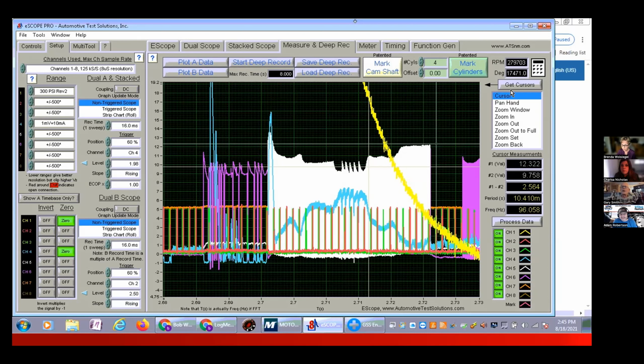I want you guys to look at the screen and understand that what we're looking at is a portion of a three-phase waveform here that controls a fuel pump on a car. I deal with so many cars in so many cases.